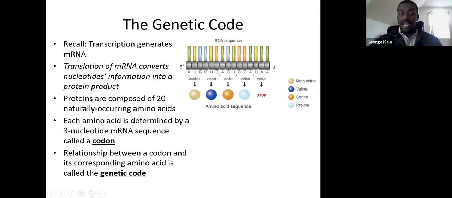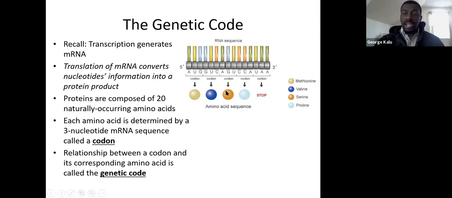Every three-nucleotide mRNA sequence is referred to as one codon. So this AUG would be one codon. This is a GUC, so that would be your second codon. Here we have AGU, that would be your third codon, and so on and so forth.